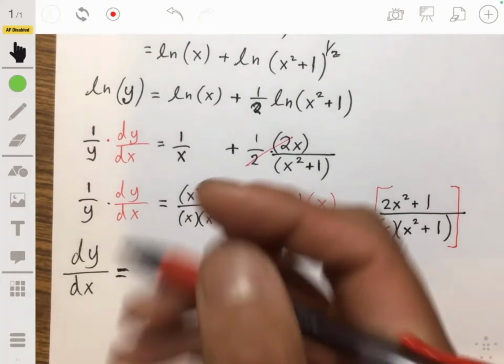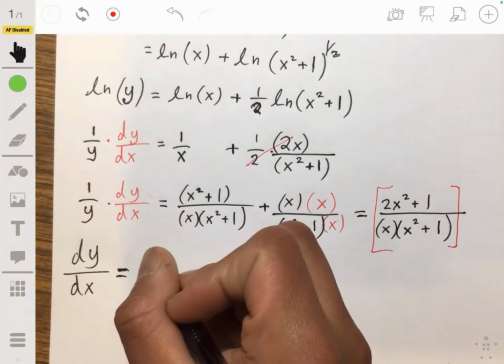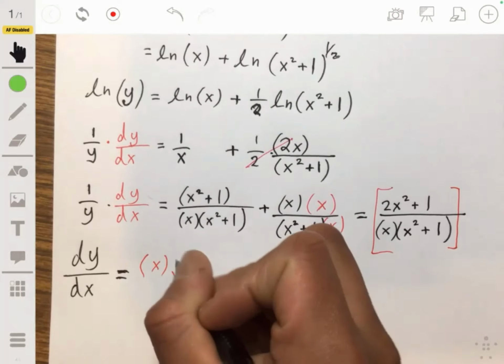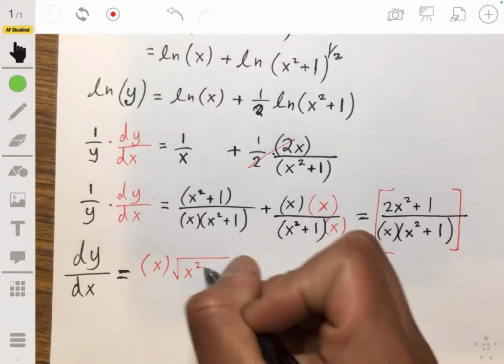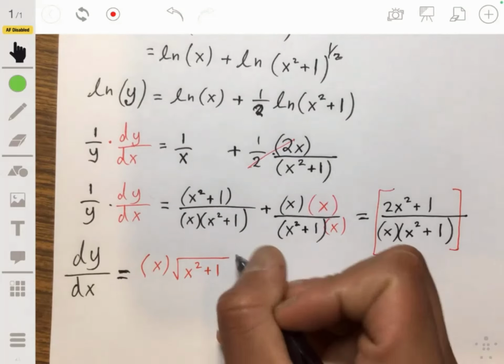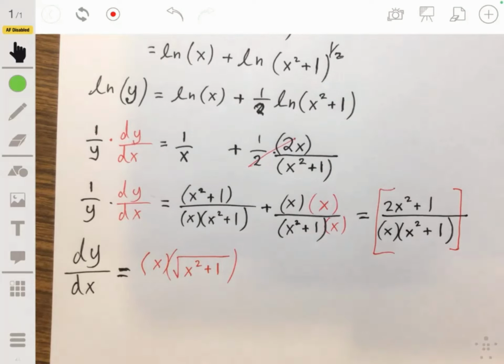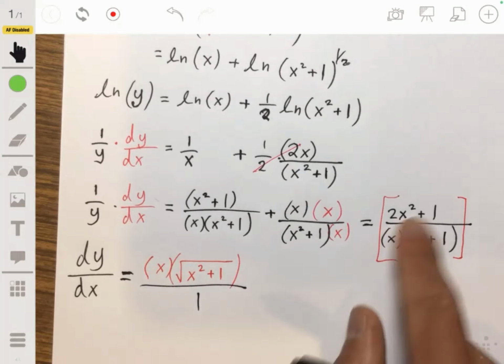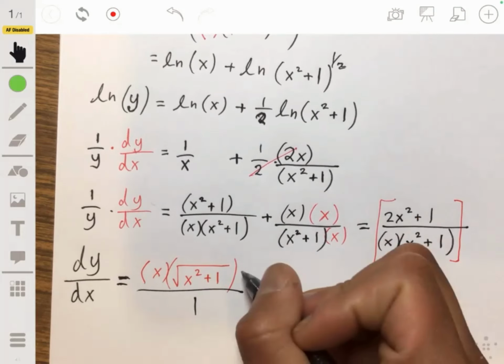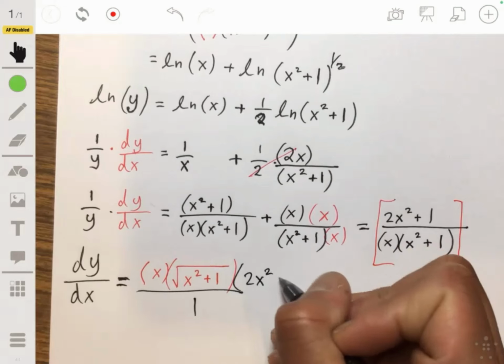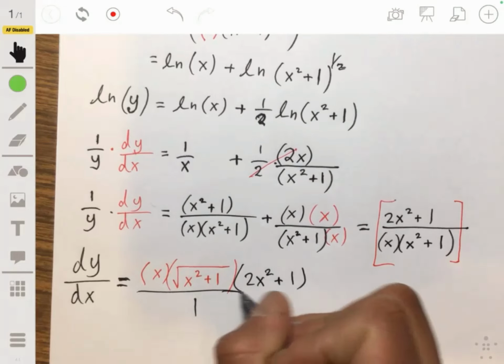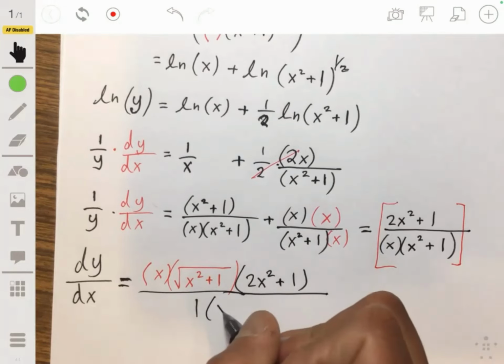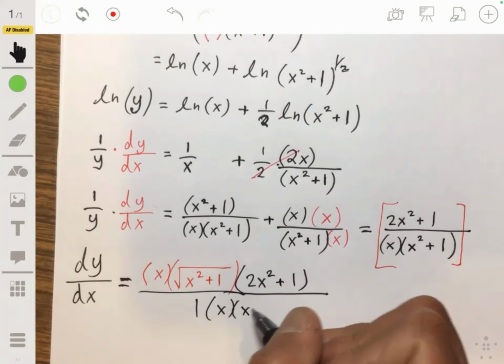So multiplying both sides by x times x squared plus 1 straight across the top, and that multiplied by 2x squared plus 1 over x times x squared plus 1.